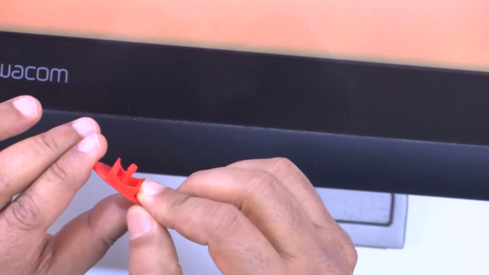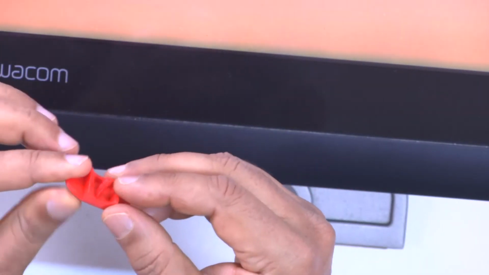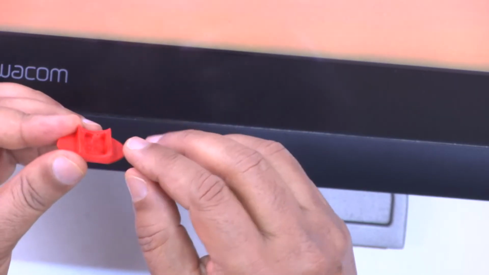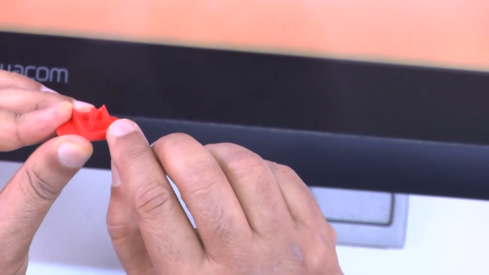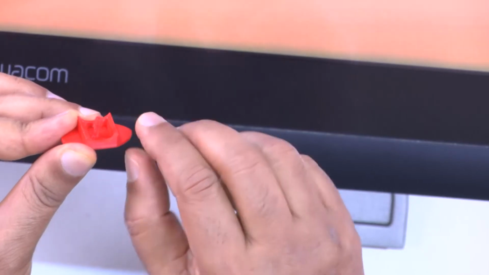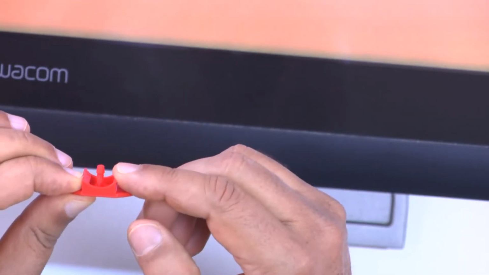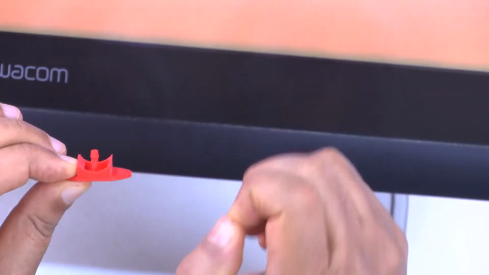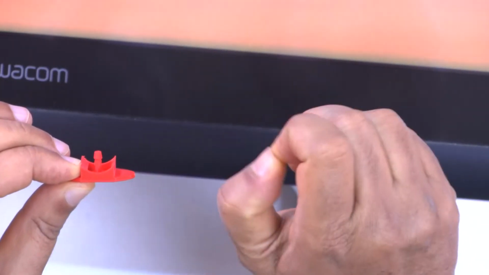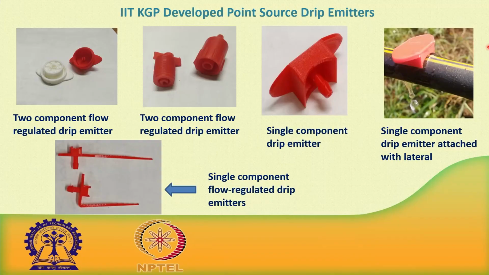So, this is a single component dripper. This is the barb, the water comes in, and then in this particular stem there is an outlet. Water comes out of this, strikes one of the arms, and when it strikes, it converts to a droplet. You can see here this is a single component drip emitter.